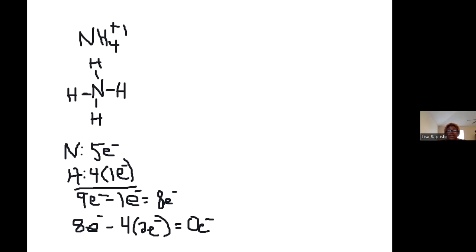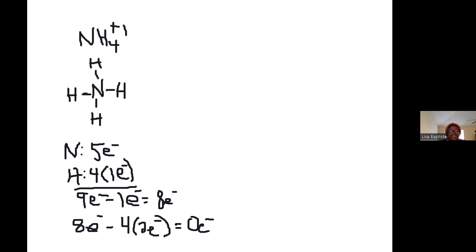So it doesn't want dots around it to get to 8. The bond that represents the 2 electrons gives hydrogen its stability. So be careful of that when you're drawing your structures. Don't put extra dots around hydrogen. It only wants the bond. And so we have 2, 4, 6, 8 around nitrogen, and so it's obeyed the octet rule. And so this is our final structure.